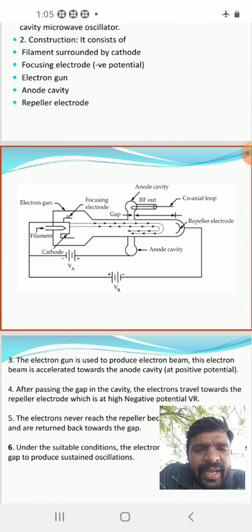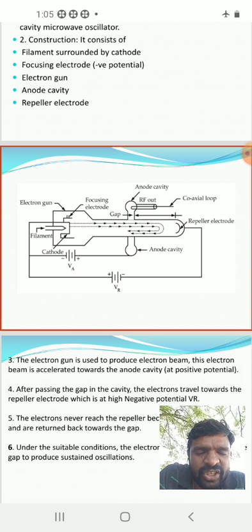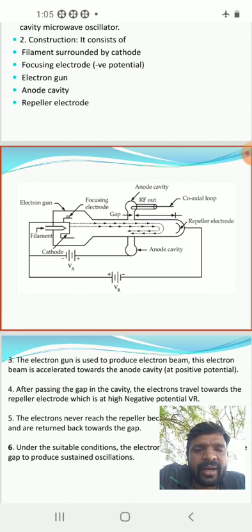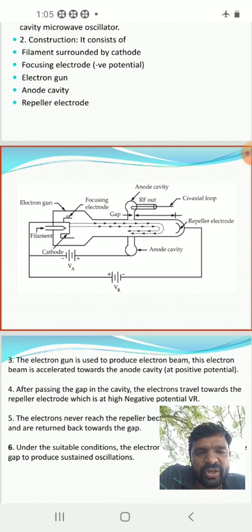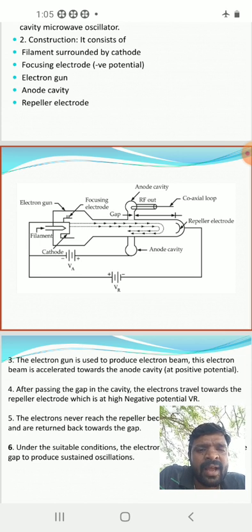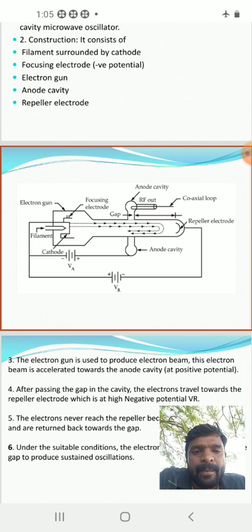In this way forward electrons and reverse electrons combine with each other, and some of the electrons gain energy and some lose their energy. So the gaining or losing of energy forms sustained oscillations, or a bunching process. This sustained oscillation produces an RF output from the anode cavity to the outside. In this way the single cavity reflex klystron is operated.